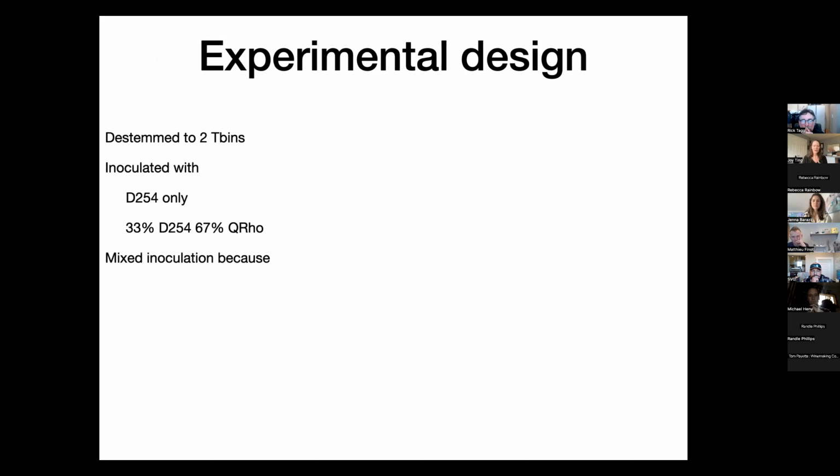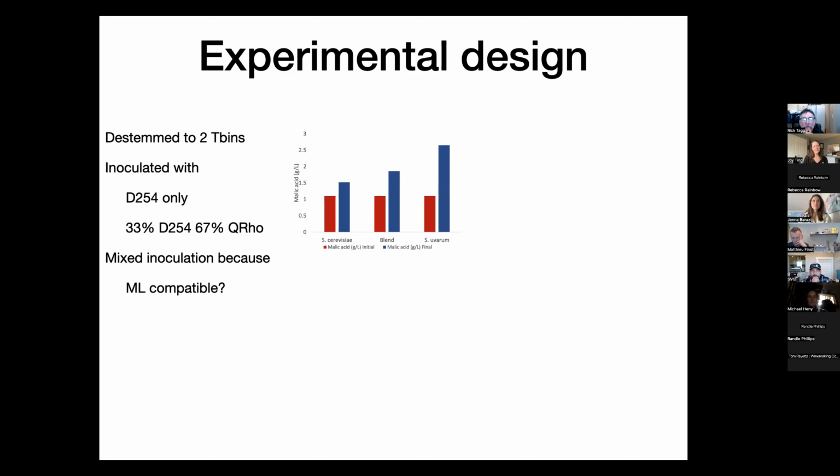There were a couple of reasons we did that mixed inoculation. As Rick said, it turned out to be logistically more difficult because the yeast have different thermal needs during rehydration. But the reason we did the mixed inoculation was that at the time there was some question about whether this yeast was really compatible with malolactic fermentation.